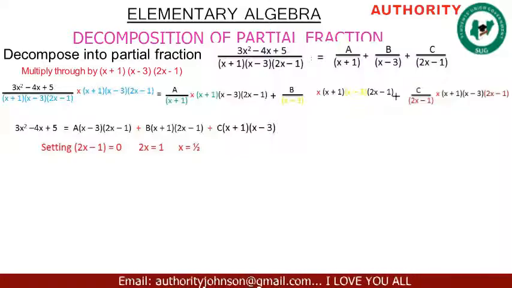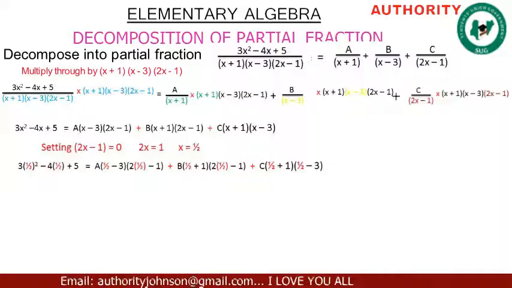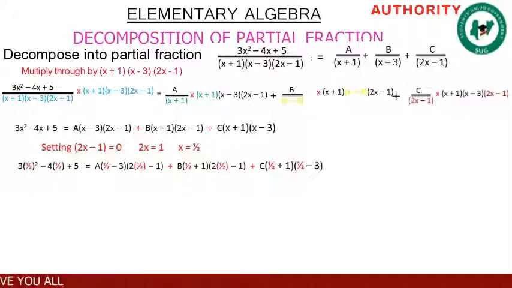So we're going to have 3(1/2)² − 4(1/2) + 5 = A(1/2 − 3)(2(1/2) − 1) + B(1/2 + 1)(2(1/2) − 1) + C(1/2 + 1)(1/2 − 3).